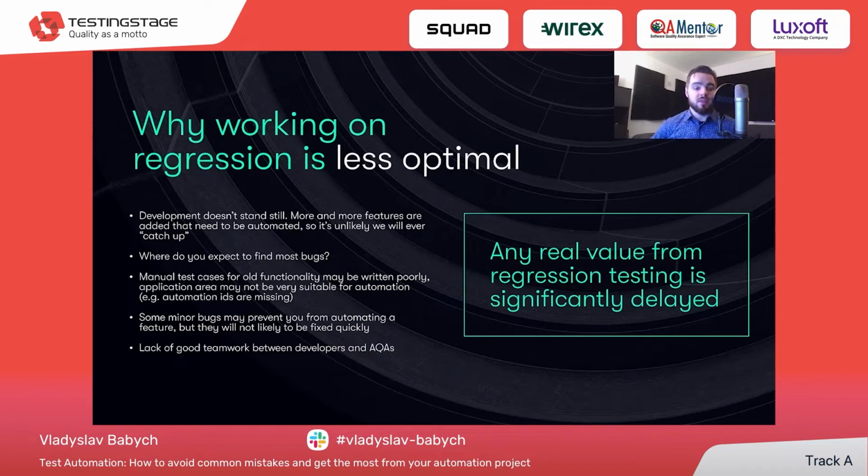Once developers are working on their own thing and automation testers on unrelated stuff, usually there's no good communication, no good teamwork, simply because people are working on different things. This is a very important point which we have to consider. So to sum it up, any real value from regression testing is significantly delayed.